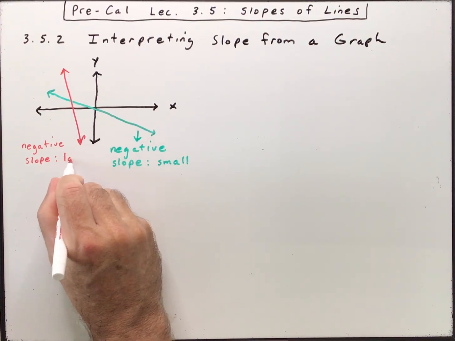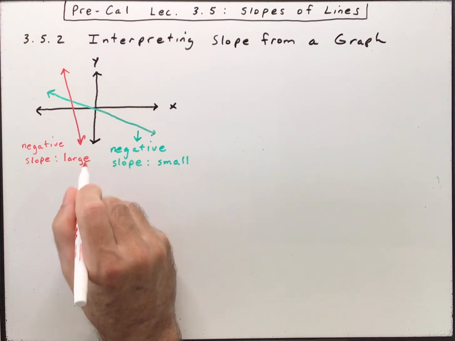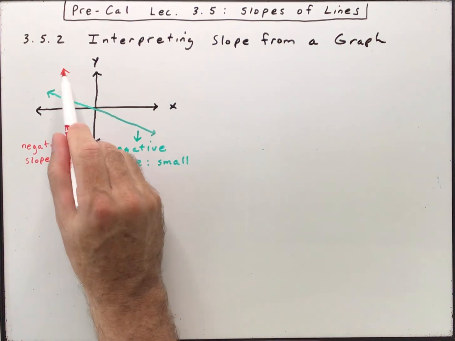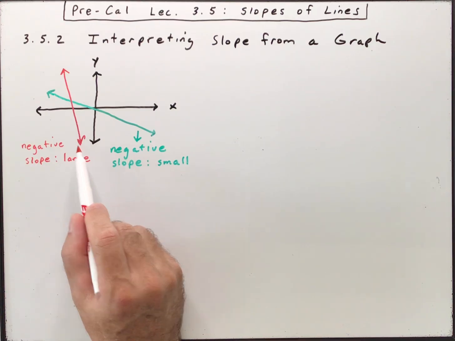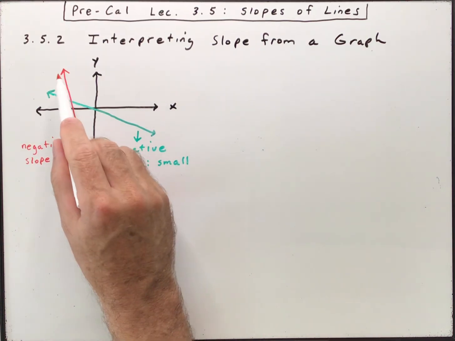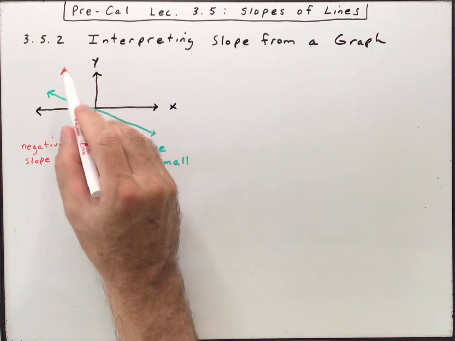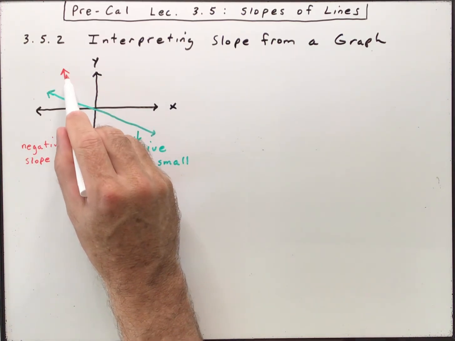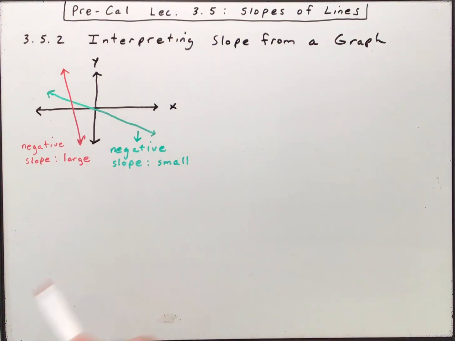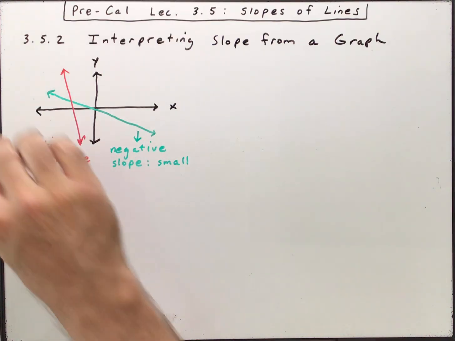But it is, at least from an absolute value standpoint, large. That slope might be -100 or something like that. Okay? So still negative. If you put a marble on it, it would roll down, right? Or down from left to right. It's going down from left to right.